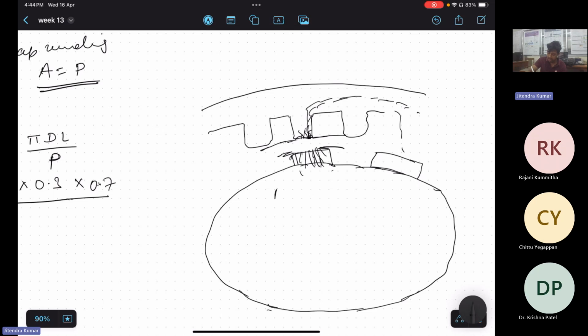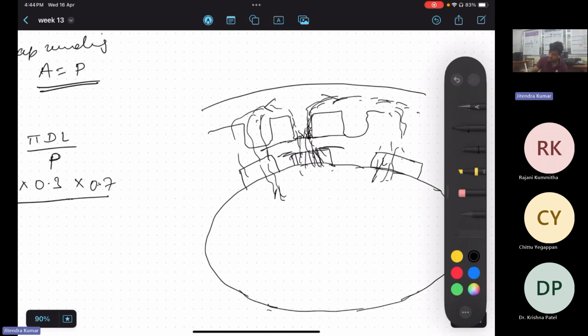So the basics is like this. Half of this pole flux will go in this direction and it will link like this. And the other half will go in here and it will link like this, going in the opposite direction.